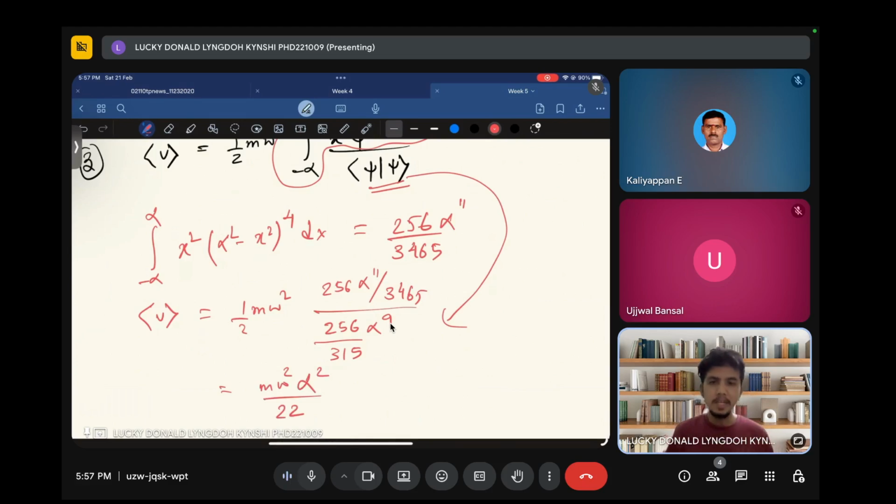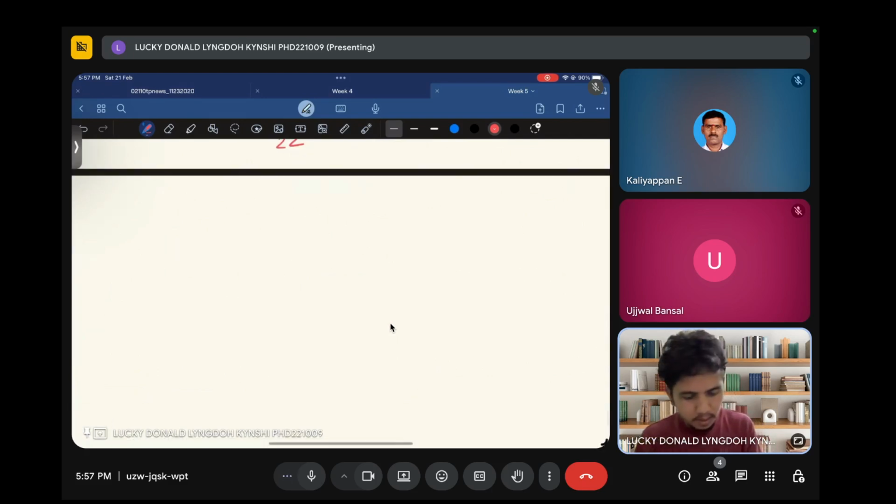Okay, so the idea is that first you take the trial wave function and you write the Hamiltonian of it, which is simply kinetic energy plus potential energy. And then you find out the expectation value of the kinetic energy and the potential energy. That is the second step. Now the expectation value of energy is equal to kinetic energy plus potential energy.